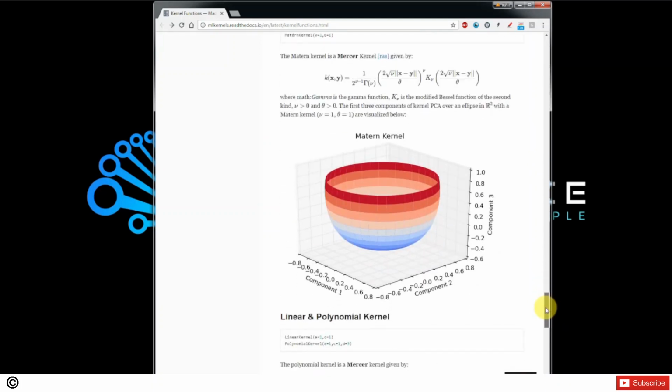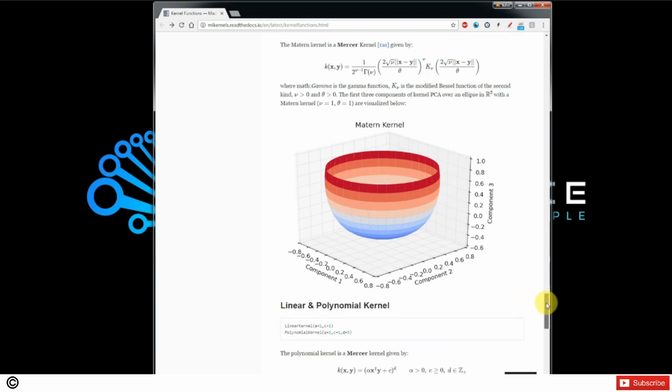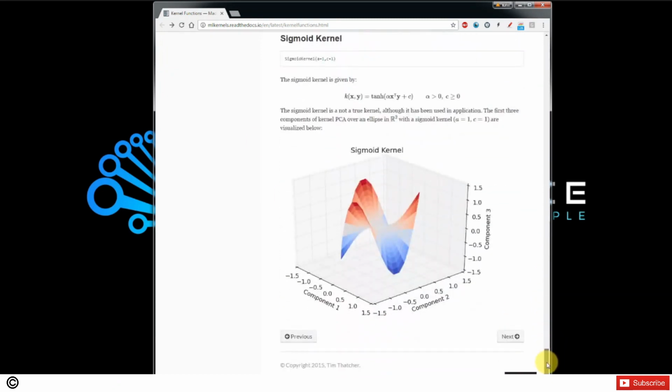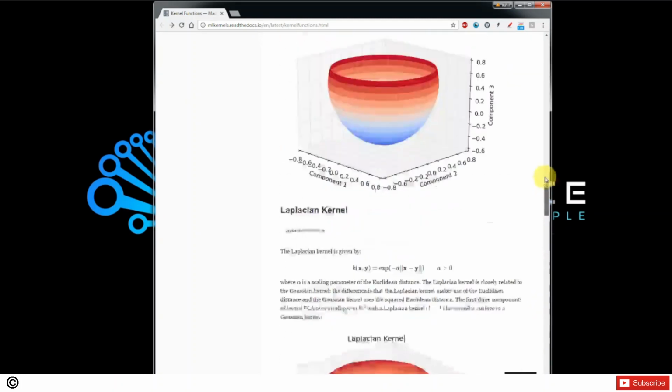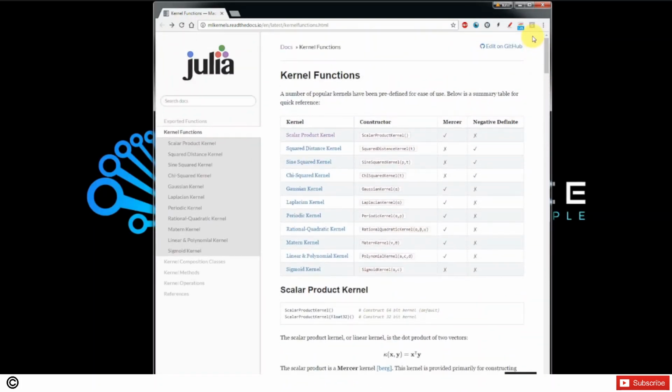Probably the 3 that we highlighted would be more than enough for most scenarios that you might come across. But it's always good to know that other types of kernels also exist and they are available to you. So there's this sigmoid kernel, which we talked about as well. So hopefully that's going to be a good overview for you as well.